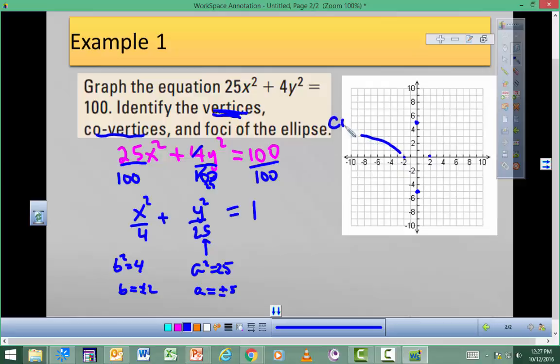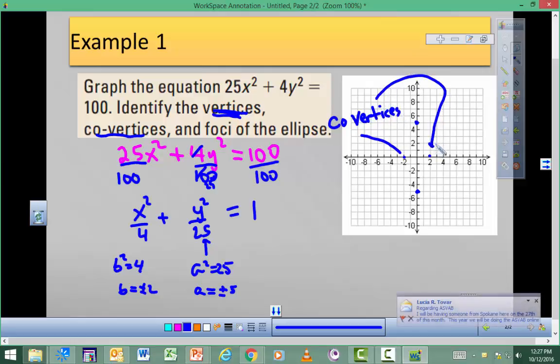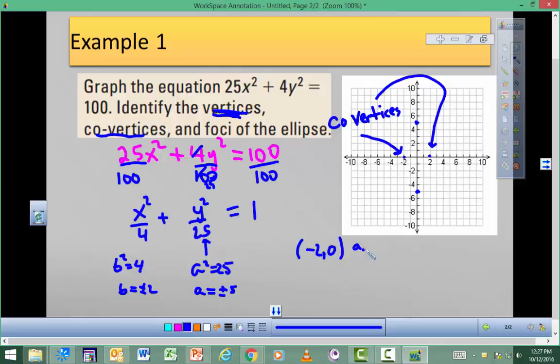So this is the vertex, co-vertex. And you have another one over here, okay? So if someone wanted to, you could write the coordinates. You could write this as -2, 0, and the other one is 2, 0.